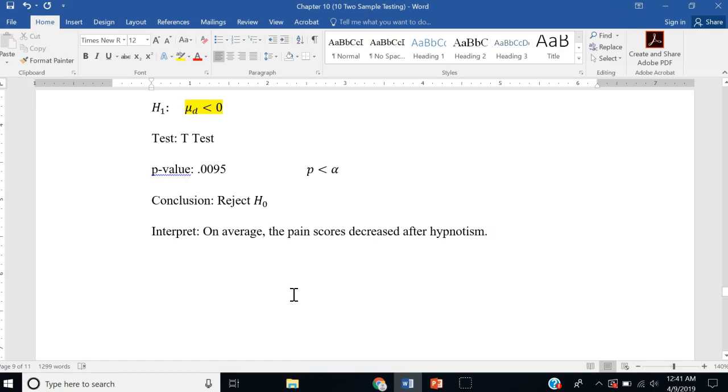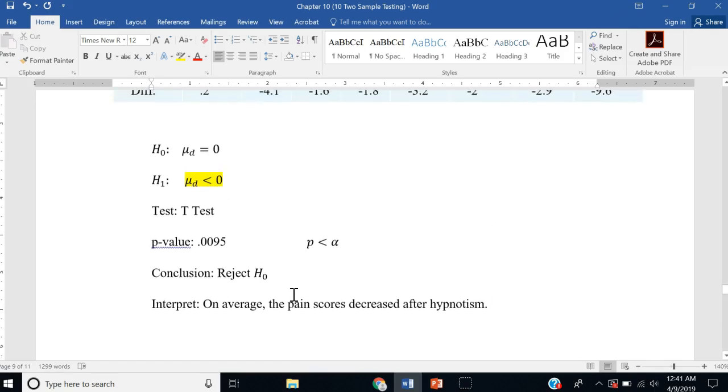Make sure you have that on average there to start with. Don't forget what we did in the previous part of this chapter. The average something for this group was different than the average something for the other group. So there we go. On average, the pain scores decreased after hypnotism, or you can say the pain scores were lower after hypnotism, something of that nature.